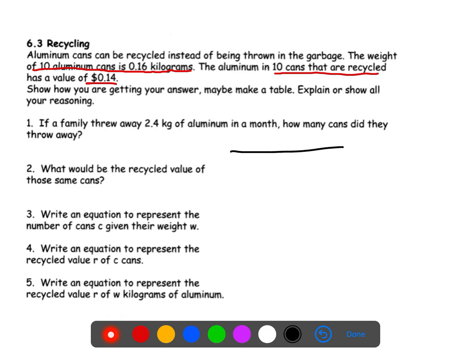So here in that table, we need to compare cans to weight. Remember, the ratio we were given originally is that 10 cans has a weight of 16 hundredths of a kilogram. All right, now what we would want to know is how many cans are in a kilogram.